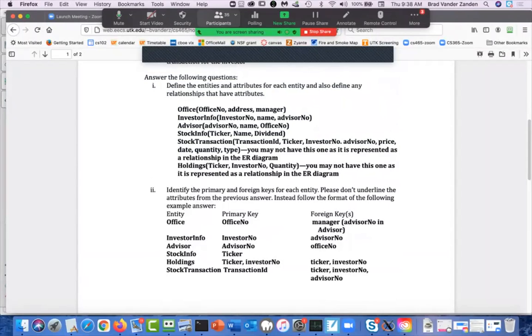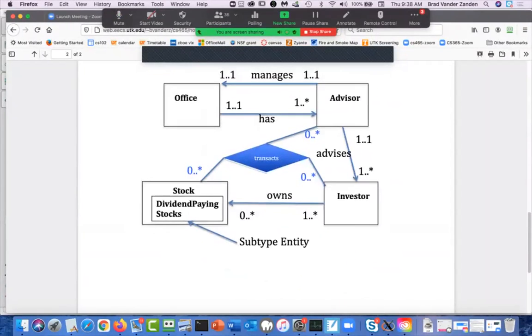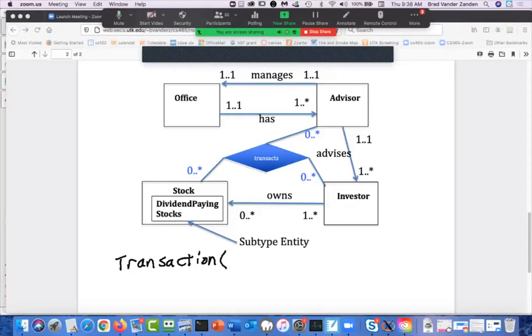So coming down to here, okay, we can think of, we have a transaction. And the first thing we want to do is figure out how many advisors can be involved in the purchase of a stock by an investor.